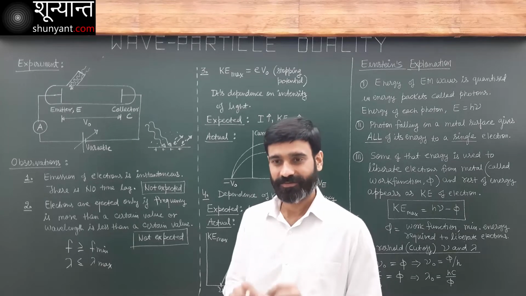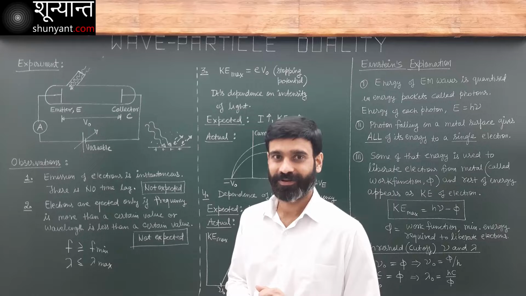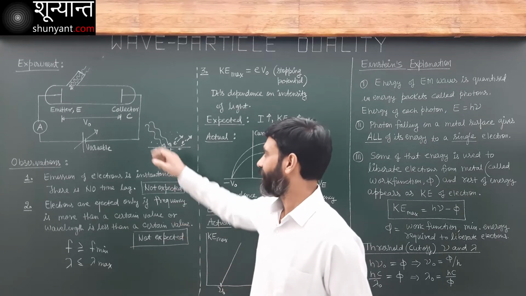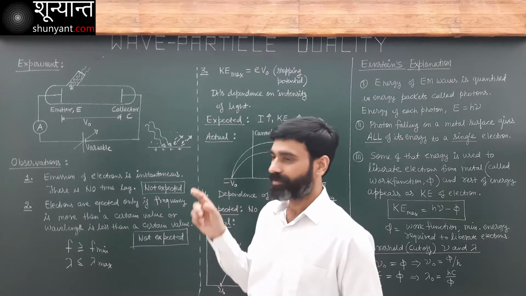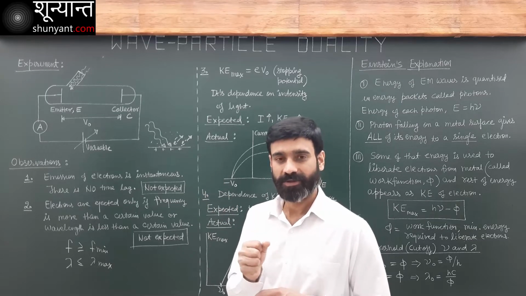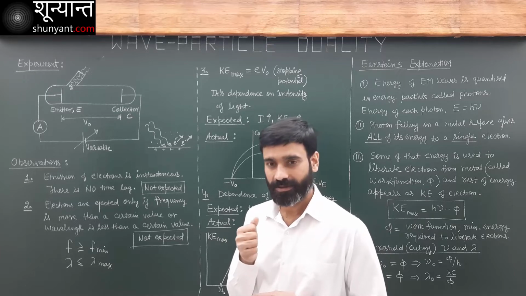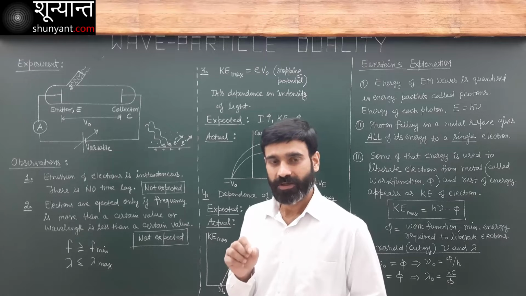By that time, it was firmly established that light indeed is a wave and nothing else. Now, if it is a wave and it falls on this metal surface, an EM wave has energy in its electric and magnetic fields. That energy will be absorbed by the electrons. It is going to take some time.